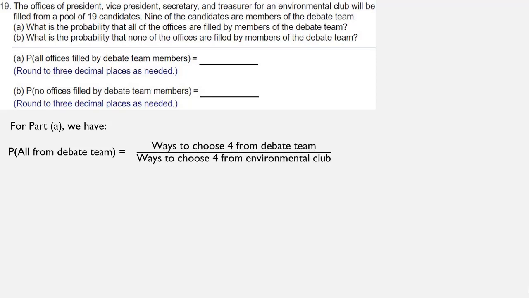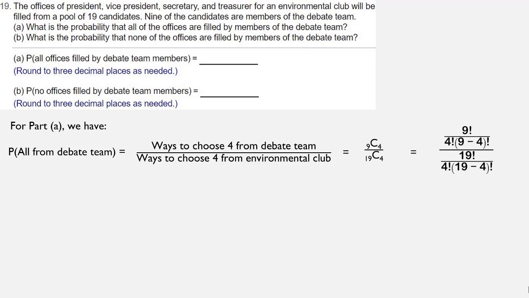So this would be the ways to choose 4 from the debate team divided by the number of ways to choose 4 from the environmental club. The ways to choose 4 from the debate team is 9C4, and the number of ways to choose 4 from the environmental club is 19C4.